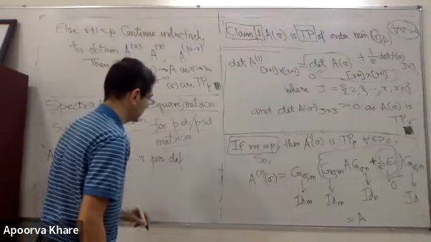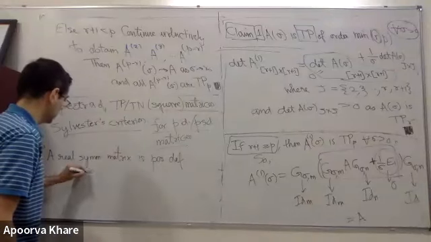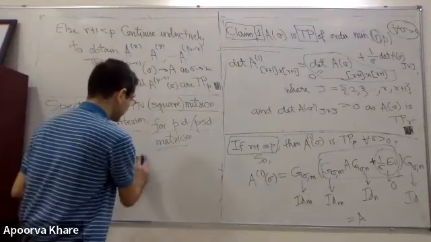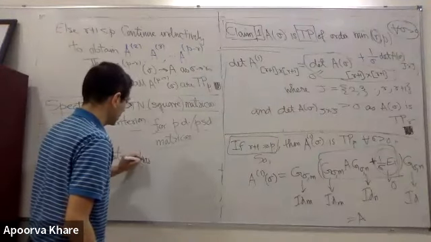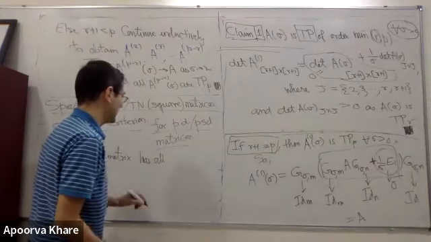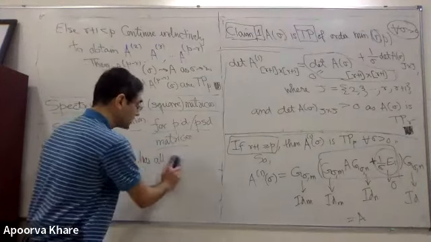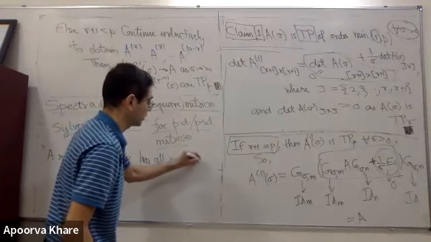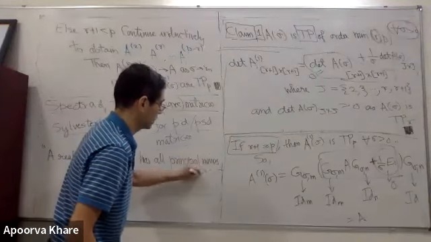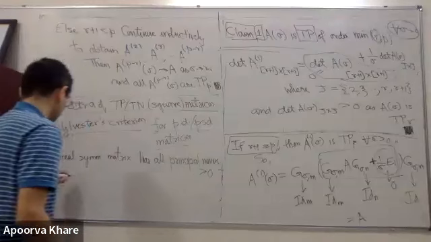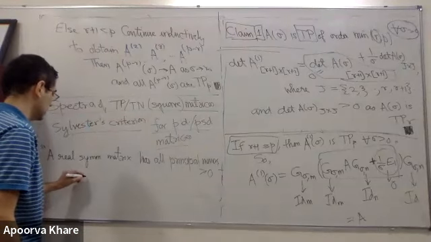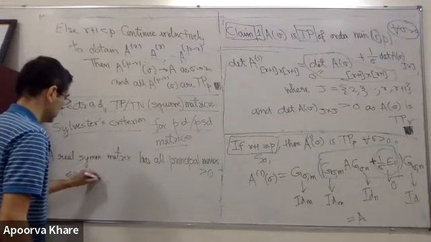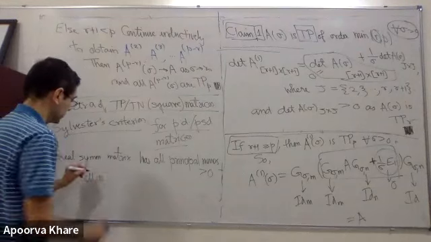Let's do the semi-definite part later. Let's look at positive definite: a matrix has all principal minors positive if and only if all its eigenvalues are positive. This is the conclusion of Sylvester's criterion.